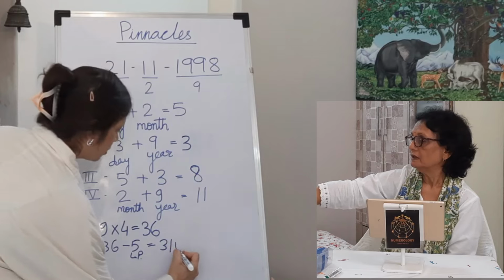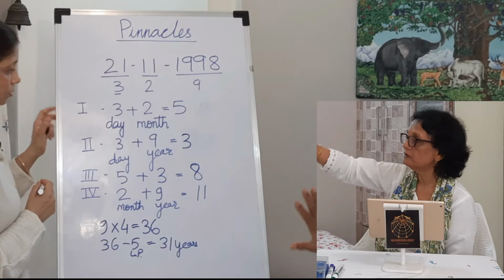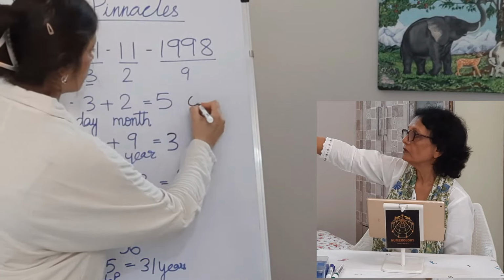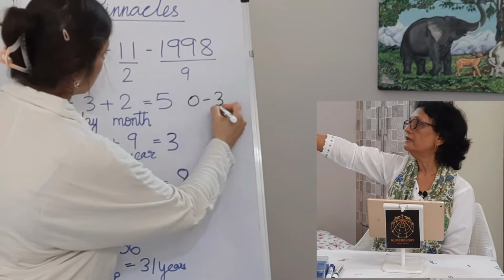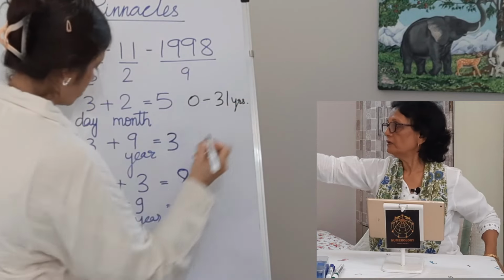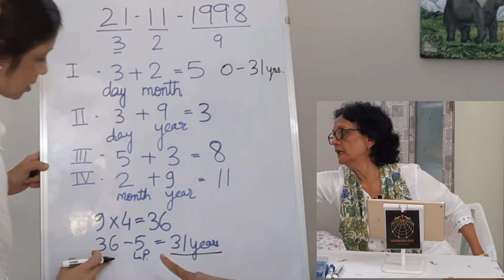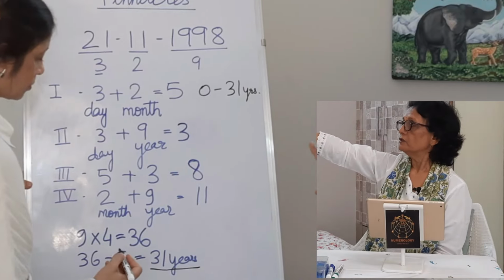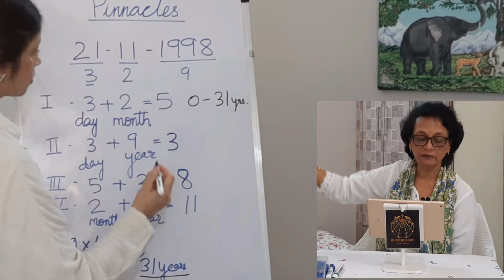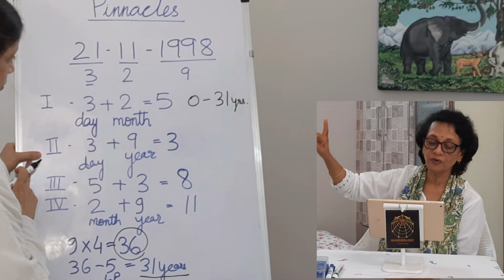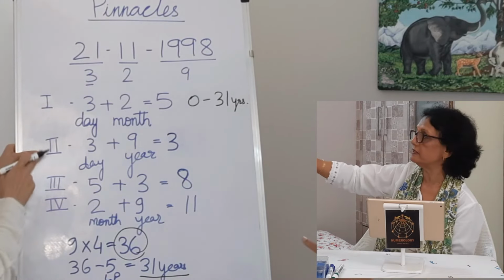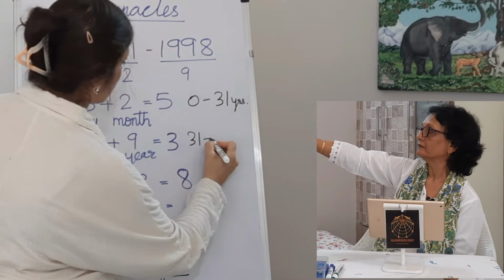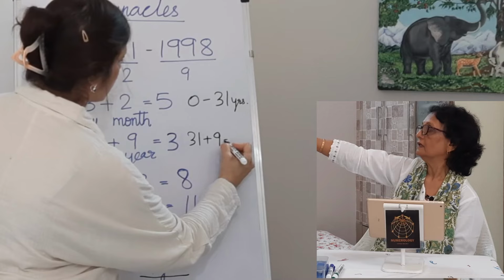So when we calculate the time period, the first pinnacle will last from 0 till 31 years. How did we get 31 years? We deducted the life path from this 36. Now from there we go on to the next 2 periods of 9 years each. So 31 plus 9 is 40.